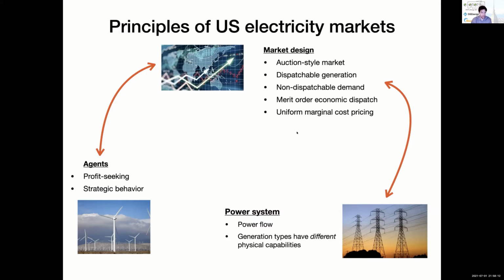On the other side, the generators have incentives of their own. They are trying to maximize their profit in this auction market and might exhibit strategic behavior in terms of misreporting bids to maximize their profit.